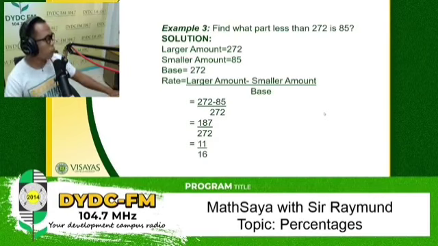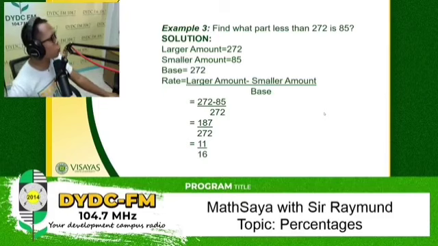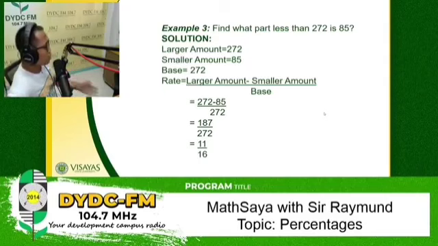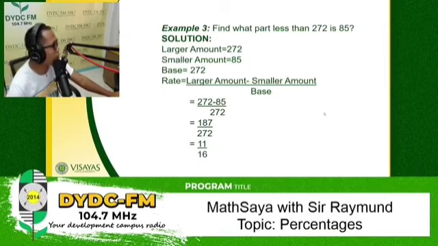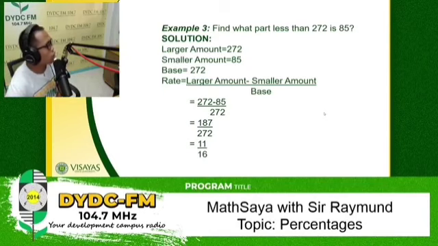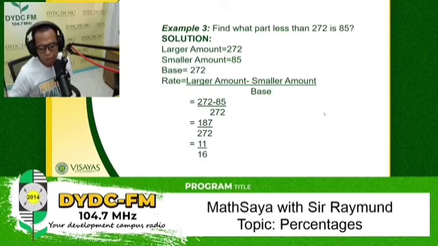Okay, so find what part less than 272 is 85. So larger amount is 272, smaller amount is 85, the base is 272. So following the formula, you just have to substitute. So 272 minus 85, that's 187.